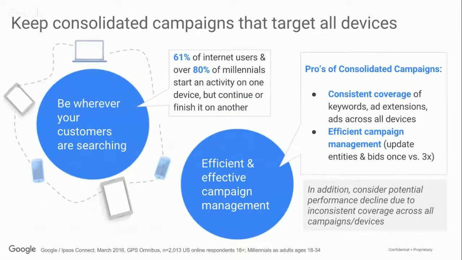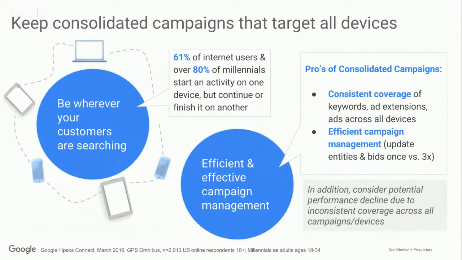61% of adults start an activity on one device but continue or finish it on another. The last thing that we want you to do is to complicate your campaign management by splitting up your campaigns per device type, which is how it used to be pre-enhanced campaigns.